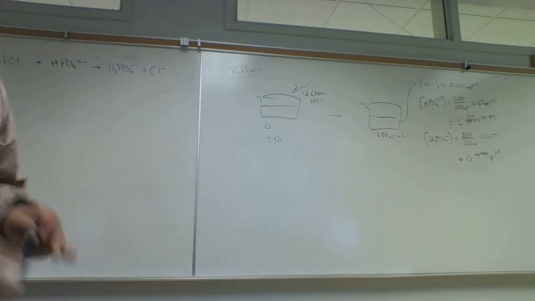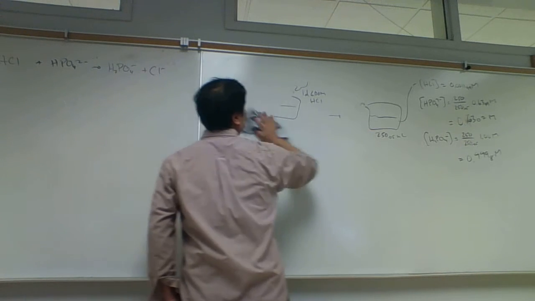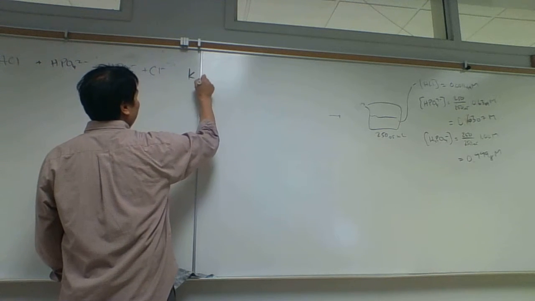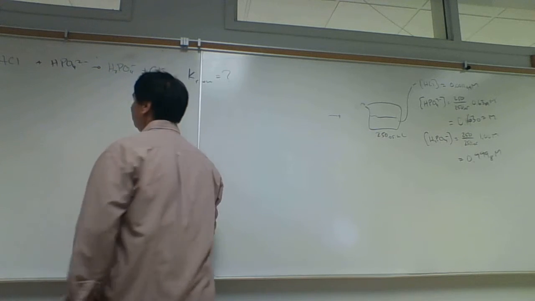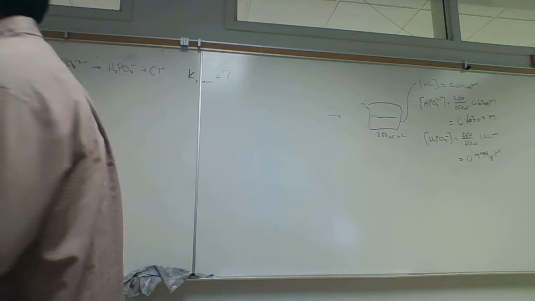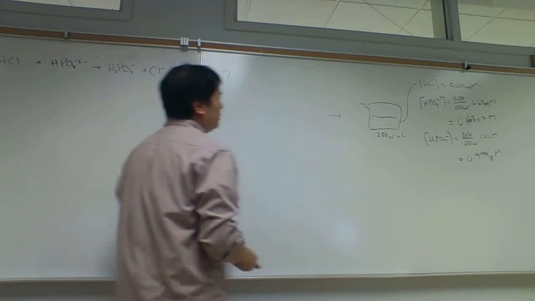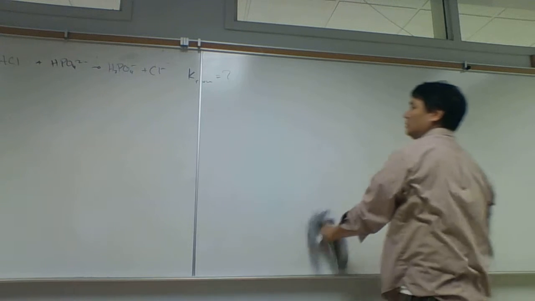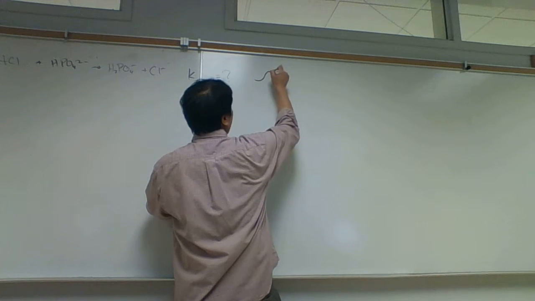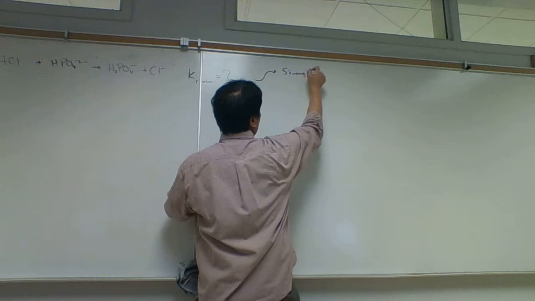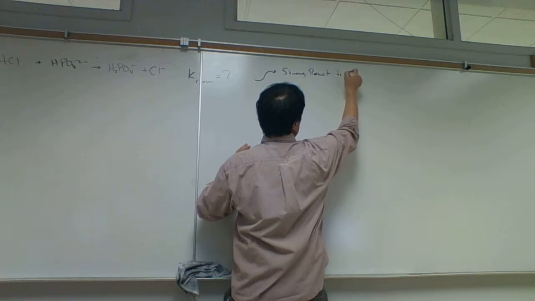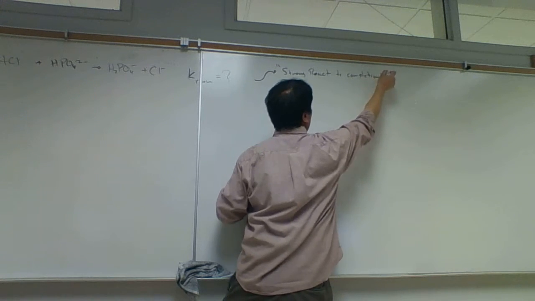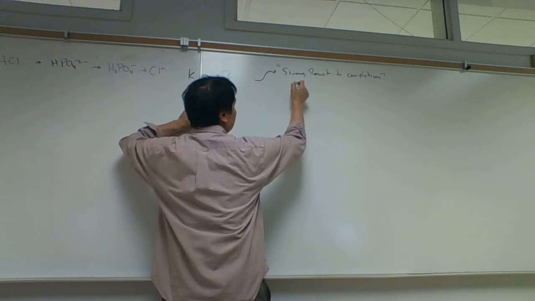Now we have to figure out what is K for this reaction. I'm going to give you this: the K for this is strong, it reacts to completion. HCl is an acid we know.